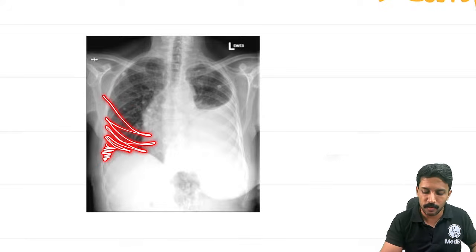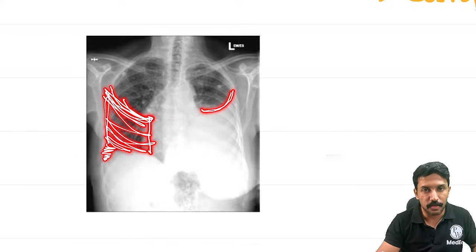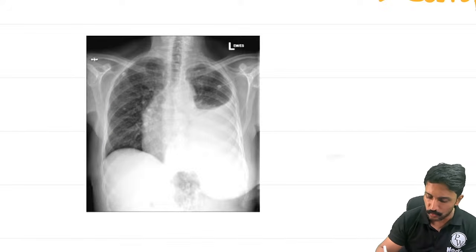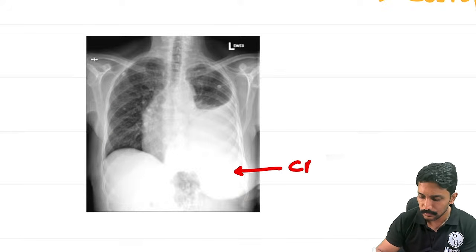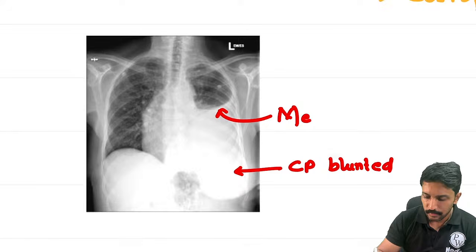As more fluid accumulates, I will end up seeing the meniscus sign: a higher axillary level, a lower anterior level, and slight concavity of the upper limit. In this X-ray, we can notice that the CP angle is blunted, and we can also notice that there is a meniscus sign.